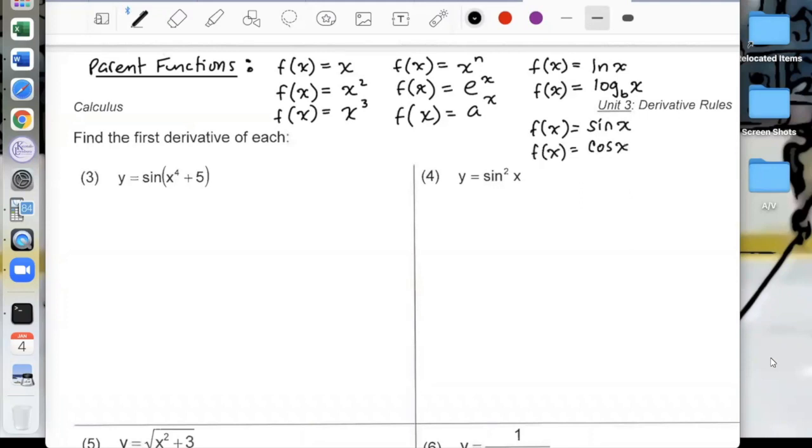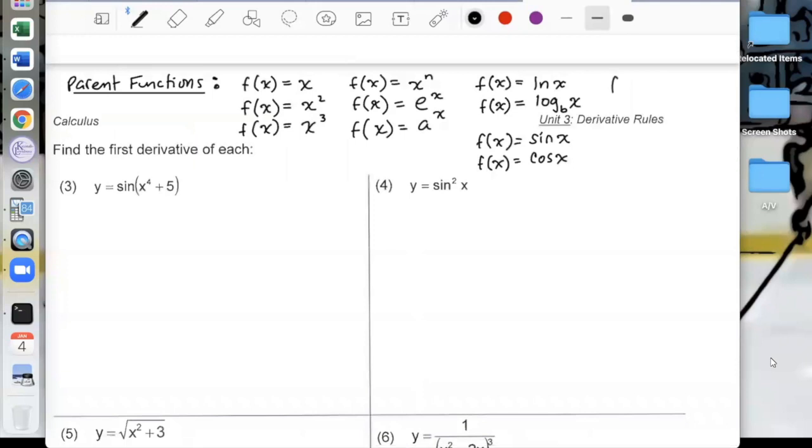Cosine, tangent, secant, cosecant, and cotangent. Now, writing these down should not be like, oh, there's another list of things we have to memorize.